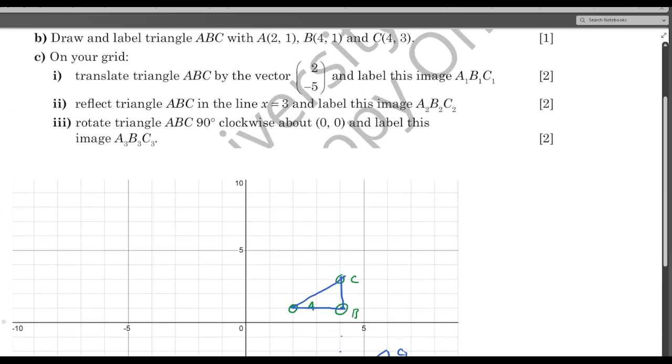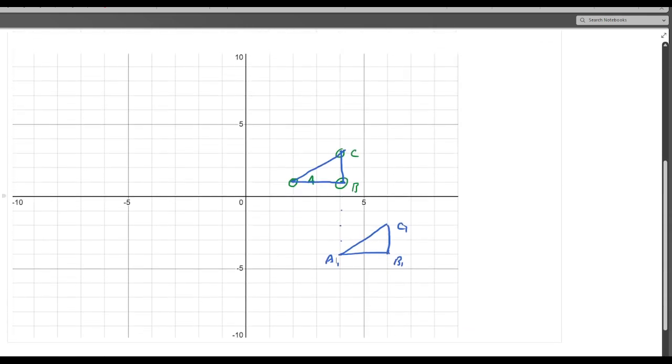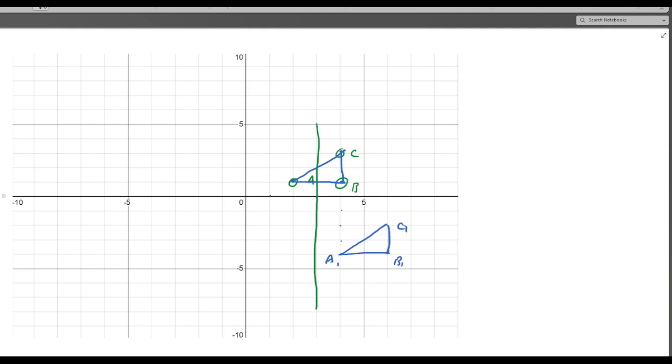Now reflect the triangle ABC in the line x equals 3 and label this as A2 B2 C2. Now x equals 3, so here 1 2 3, x equals 3 will be a vertical line like this, and in this you have to take the reflection. So reflection of this point A will be here.